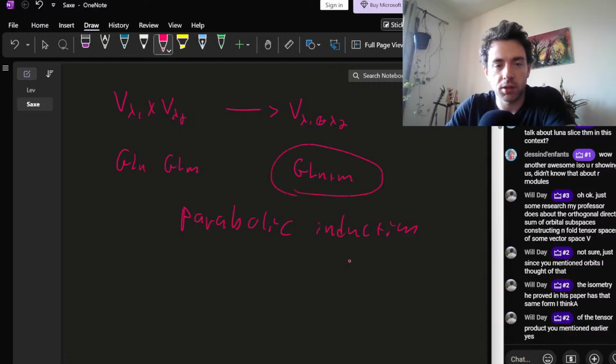Basically, in GLN plus M you look at the subgroup of diagonal blocks, n by n matrices and m by m matrices, viewed as a subgroup.